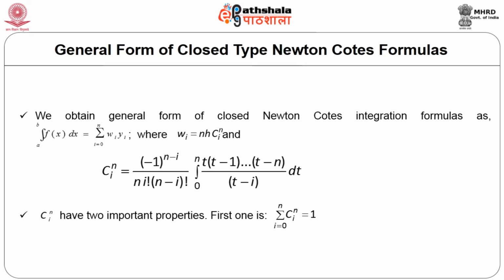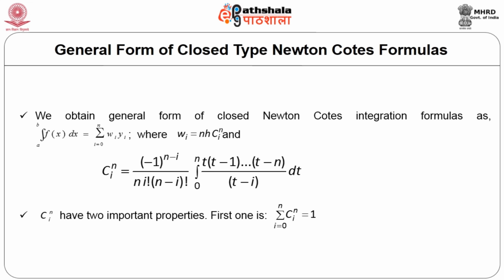So if we express wi's as nh into NCi, h is already there, so we have to multiply and divide by n. So NCi becomes (-1) raised to n minus i upon n i factorial, (n minus i) factorial, integral 0 to n of t(t minus 1)...(t minus n) upon (t minus i) dt.